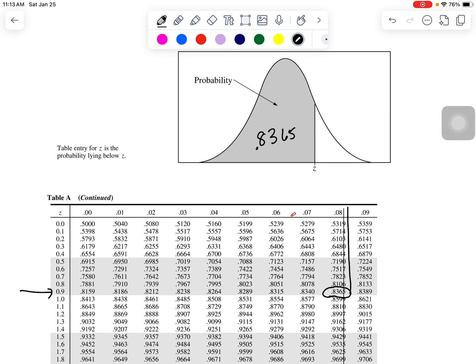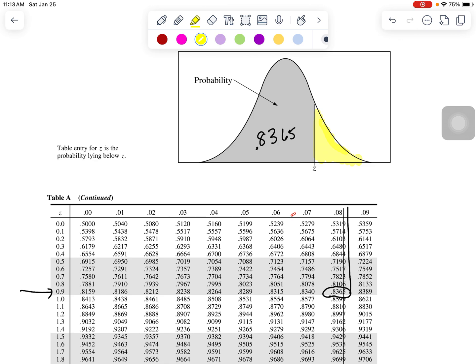Now what we have to remember is this is 83.65%. The question, when we go back to the homework, wants to know what this part is. The area under the curve is always 1, so we would have to subtract from 1.